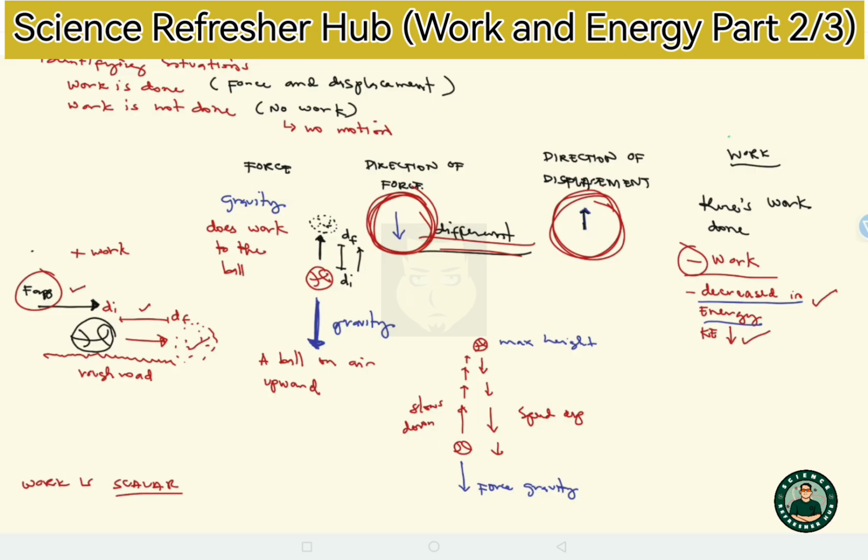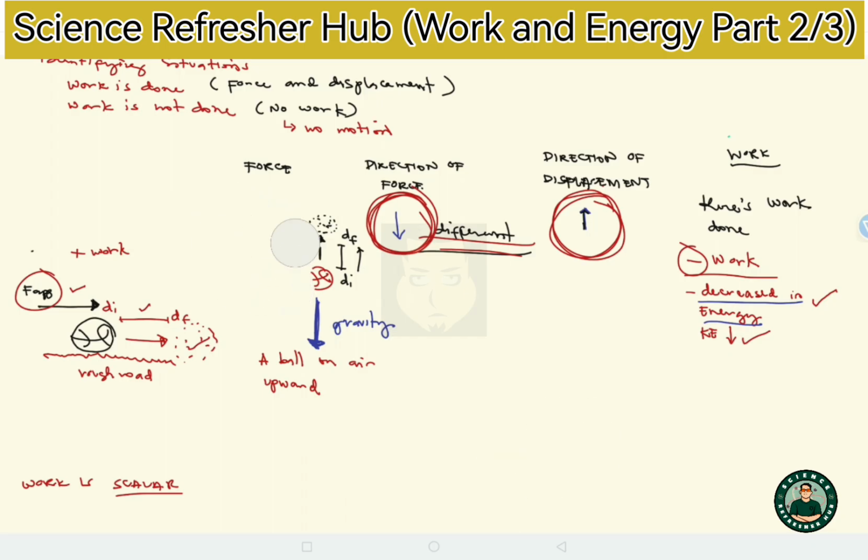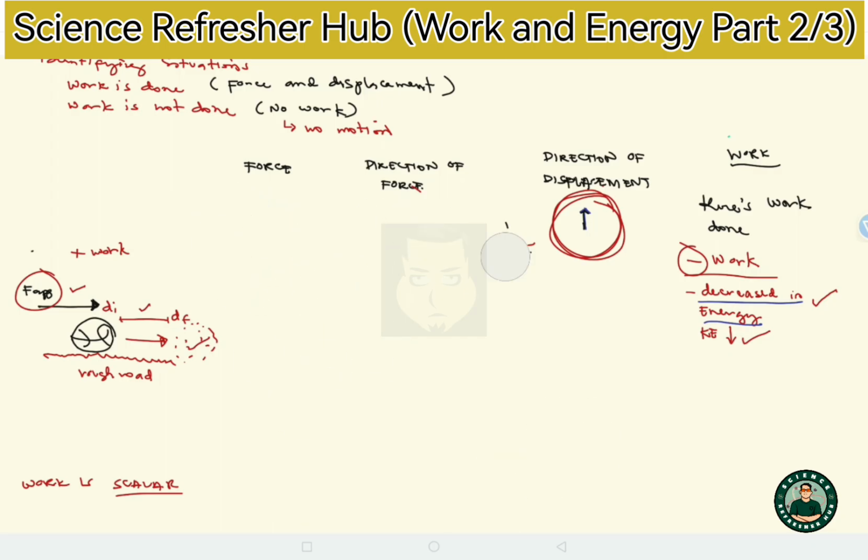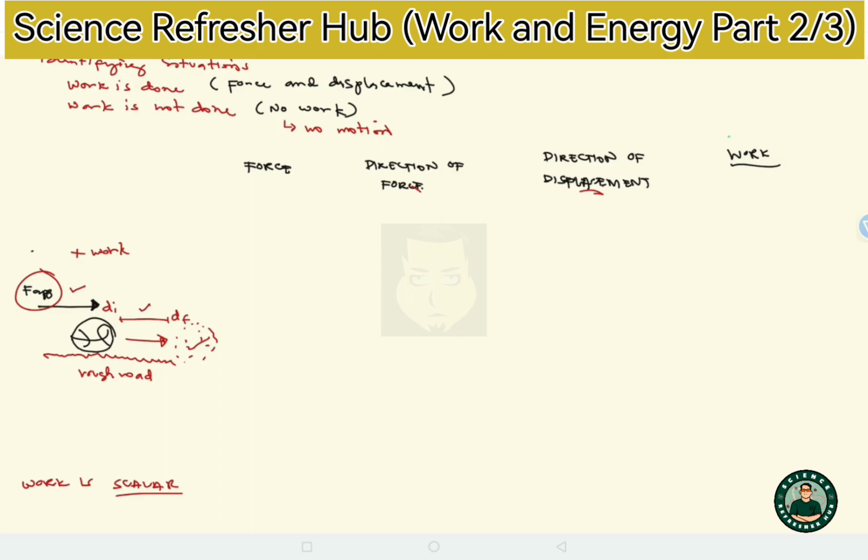If you look at it, the applied force is our force this time. The applied force is the reason why the object moves. The applied force is going to the right, and the displacement of the ball is going to the right.